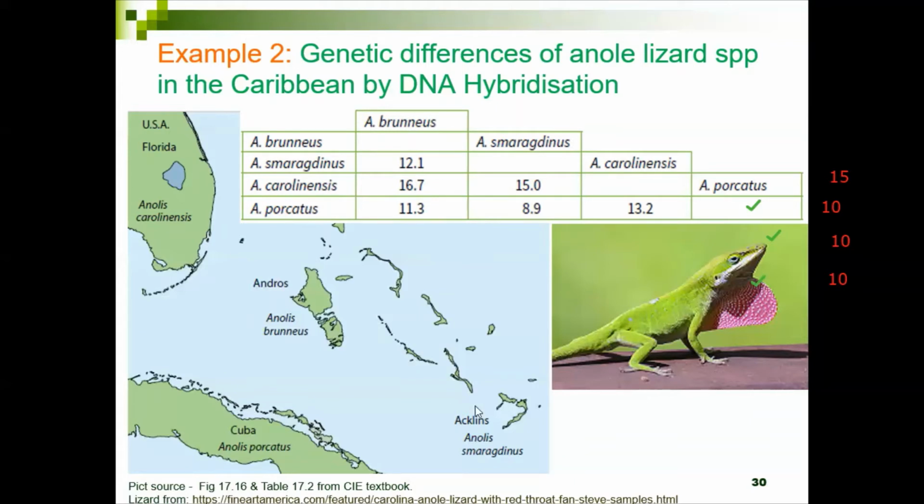That means all these three could have evolved from porcatus in Cuba. So they could have all originated from porcatus in Cuba. And because of certain incidents, they spread to these three different locations, maybe because of a hurricane. Okay.